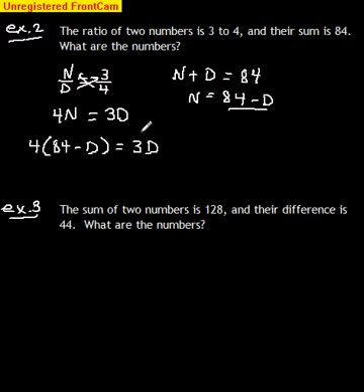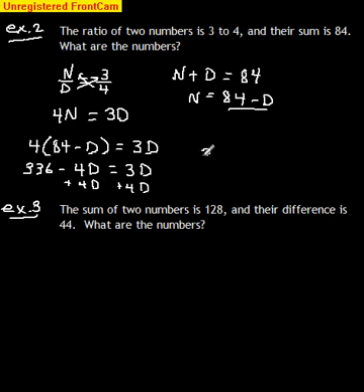And we'll use our calculator and figure this one out. So we have 84 times 4, that's 336, minus 4d equals 3d. I'm going to add 4d to both sides.